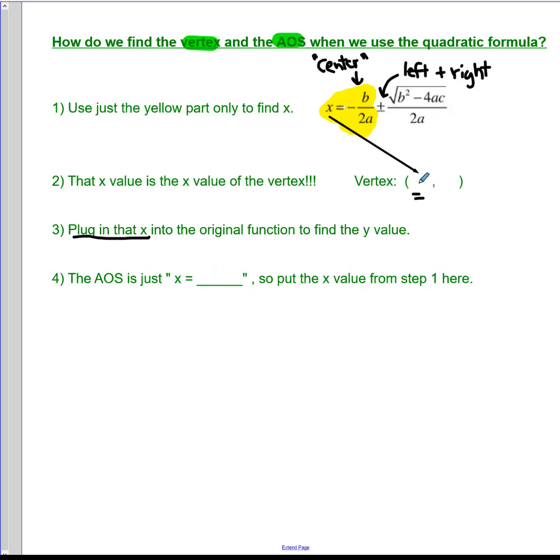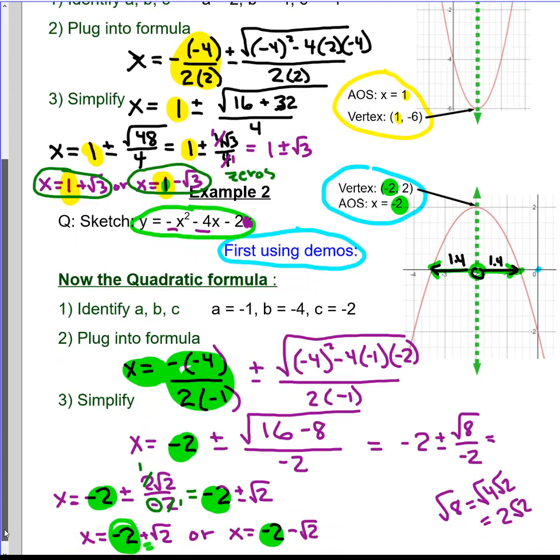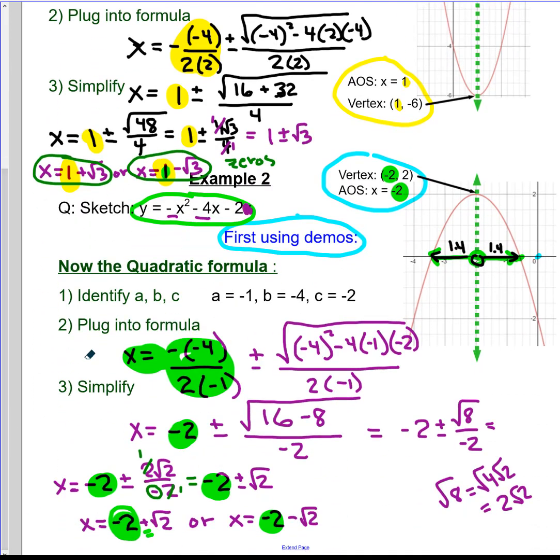So in the first problem we did, we had -1. When we plugged all that in, we had -1 plus or minus something. So those two numbers are -1, and of course you just plug in -1. In the second problem we just did, if you remember, it was -2. We got -2 from all of our quadratic formula work here in the beginning, all these greens.